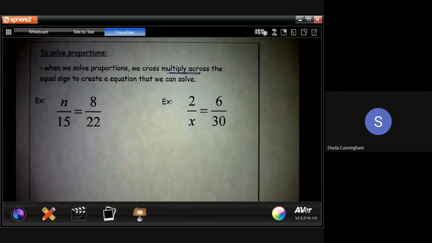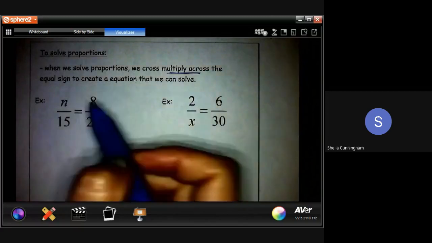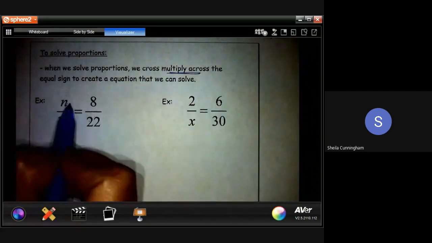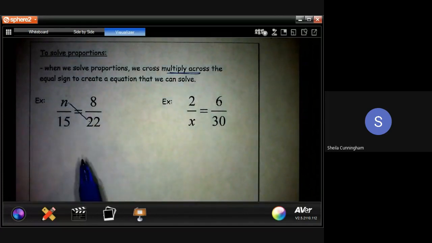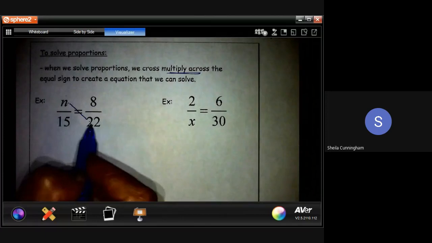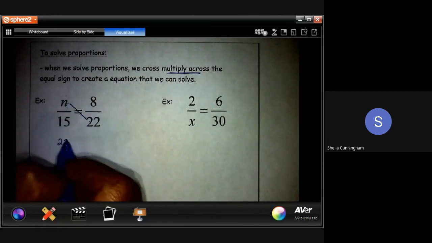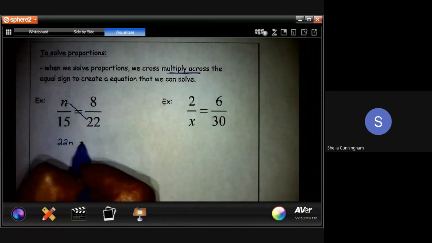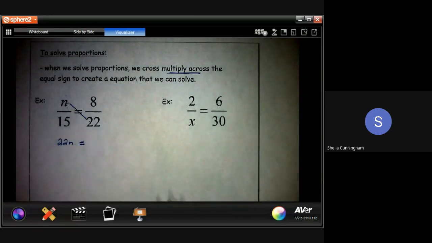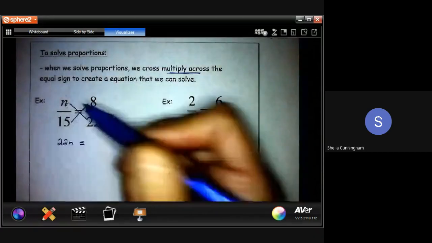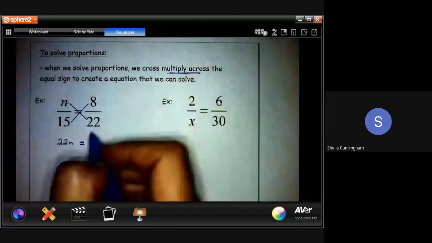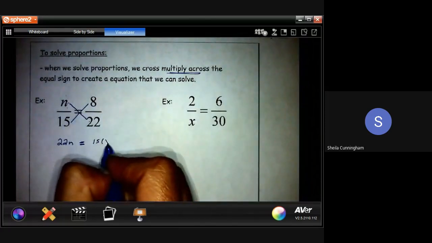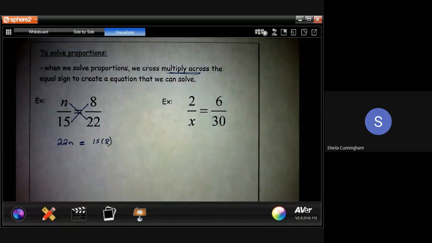We cross multiply across our equal sign, corner to corner. We take the n and multiply it by the 22, which gives me 22n. I set that equal to what I get when I cross multiply the other way, the 15 times the 8. Now I've set up a basic equation that I can solve.